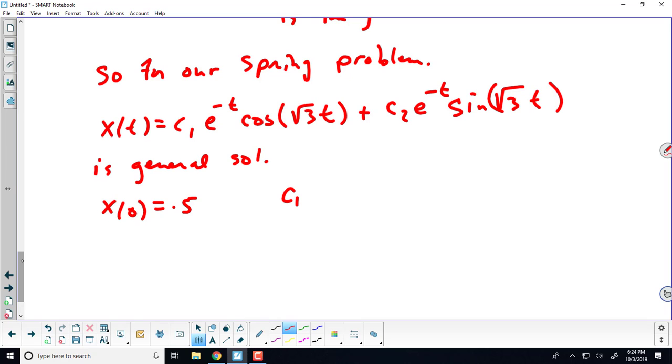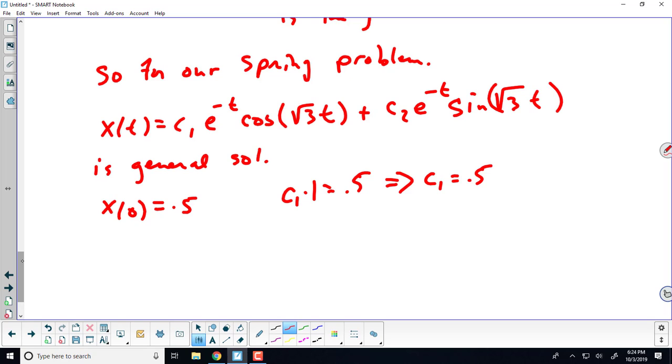Plugging in 0 for t, we'd have 0 as the argument of cosine, so cosine of 0 is 1. So this is c1 times 1. Plus, here we'd have c2 times 1, but then the sine of 0 is 0. So we just end up with c1 is equal to 0.5. We all okay with that?